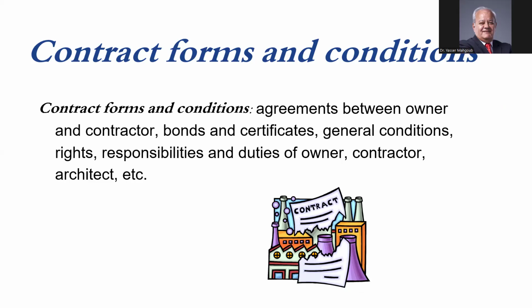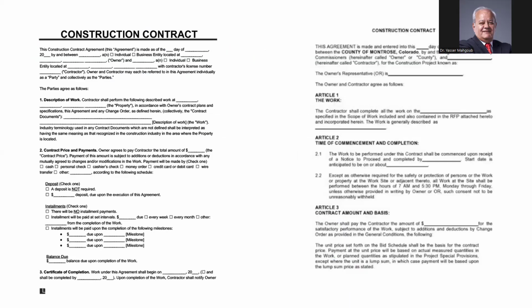And this has to be reviewed by a lawyer. Don't depend only on yourself. You can find it around, but it has to be reviewed by a lawyer, because the architect is not qualified by education to take this responsibility.